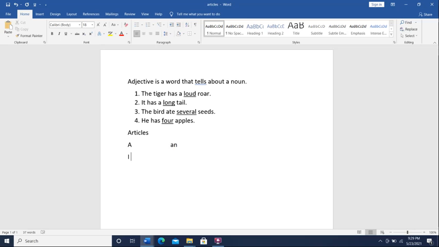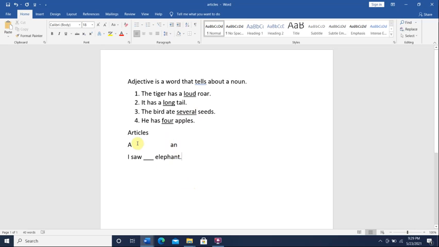If I say I saw elephant. Okay, which article will I put here? Elephant begins with E. Is E a vowel? Yes, remember the vowels are A, E, I, O, U. What are the vowels? A, E, I, O, U. And what do we put in front of vowels?